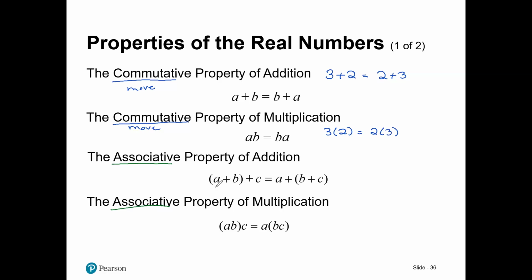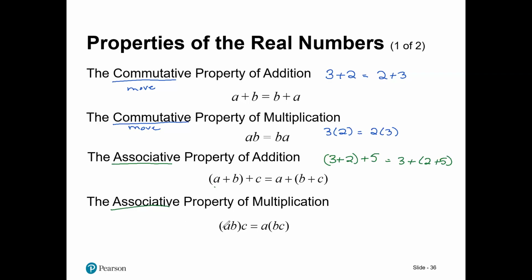So what it's just saying is that I can do A plus B, then add C, or I can do B plus C, then add A. So if I had 3 plus 2 plus 5, well, it's just going to be 5 plus 5 and it equals 10. Well, that'd be the same thing as if I did 3 plus 2 plus 5, so you have 2 plus 5, that's 7, plus the 3, going to equal 10 again.